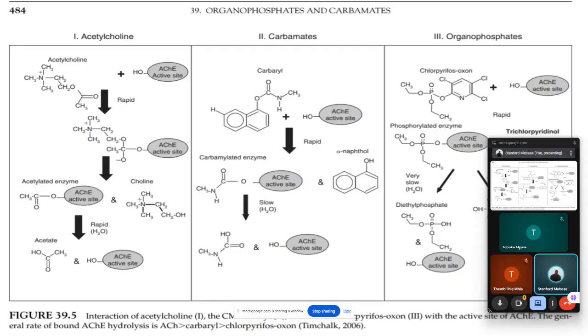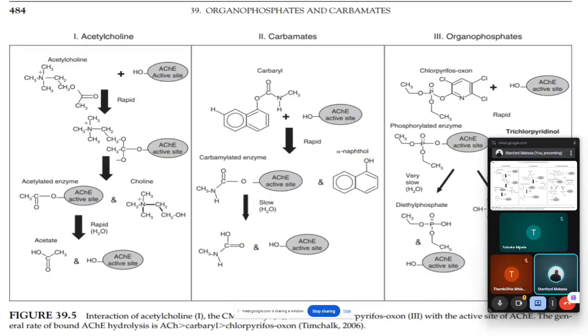But if you go to carbamates, the first reaction, let's say with the carbaryl and the enzyme, is very fast, like what happens with normal acetylcholine. But the second reaction is very slow. This is the one which is going to lead to the accumulation of acetylcholine, and it will keep transmitting messages.